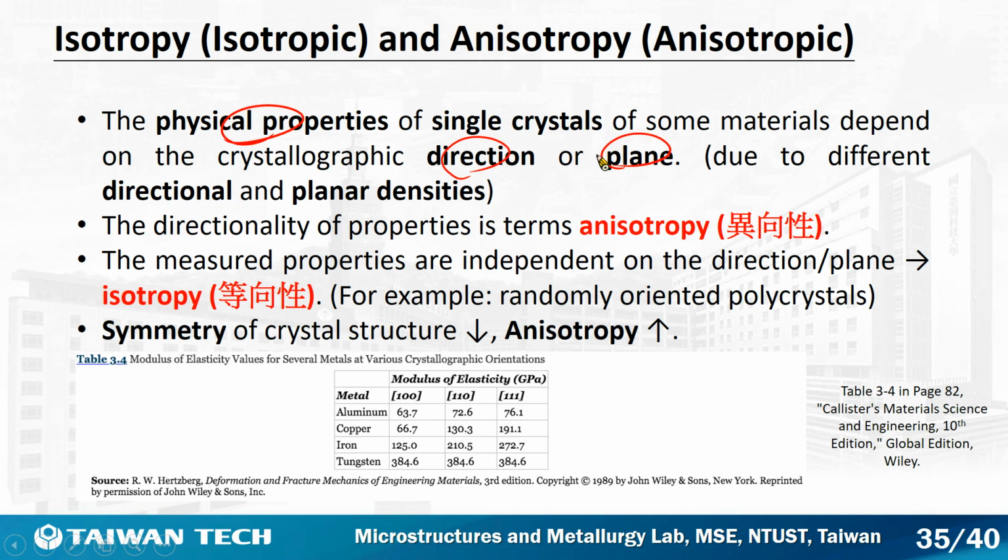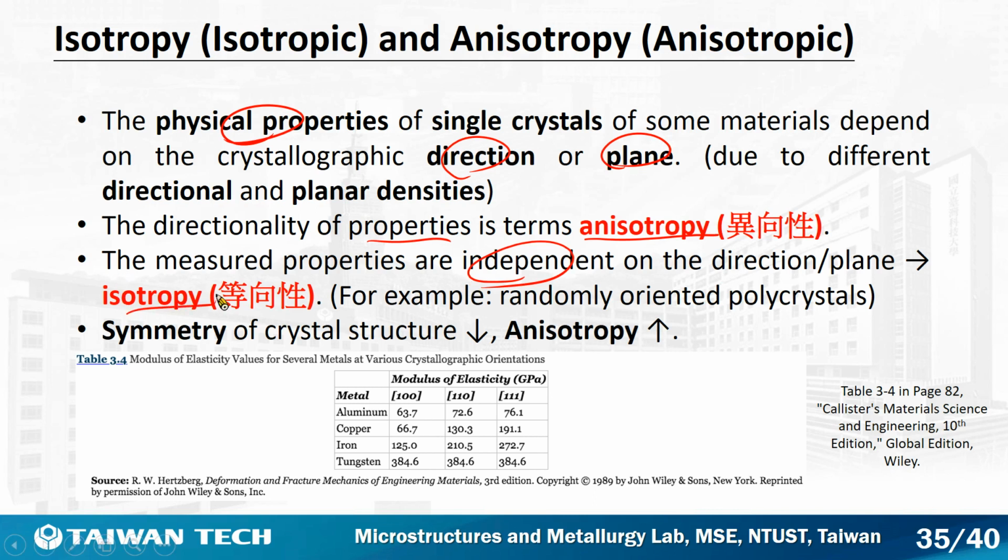For example, for different directional or planar densities, we could have different material properties. If this directionality of properties occurs, it is called anisotropic. And if the properties are independent of the direction or planes, it's called isotropic.